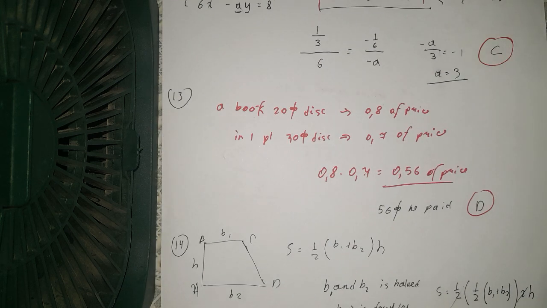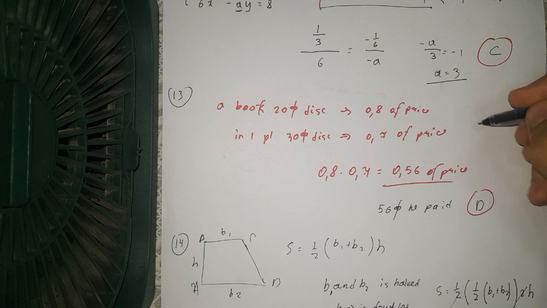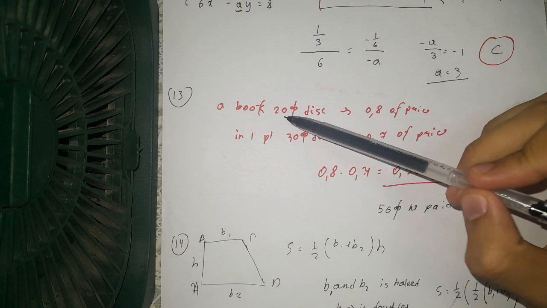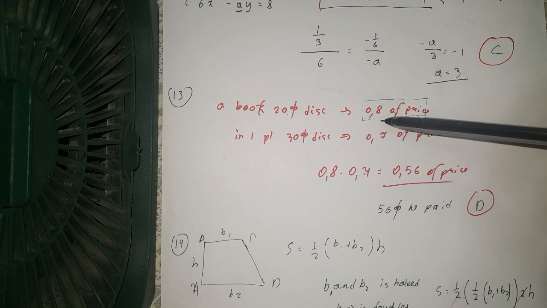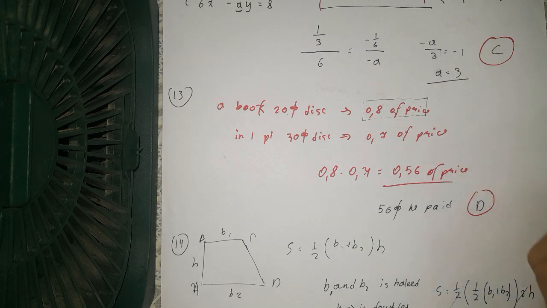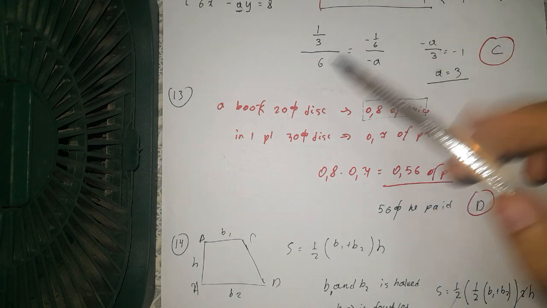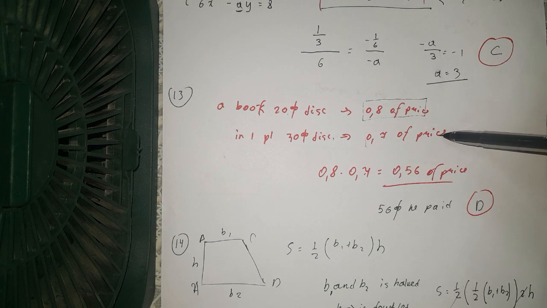13. There's a guy who likes reading, and it says that on one book there's a discount of 20%, which means 0.8 of the total price, and he has another discount, a discount on discount, that's 30%, which means 0.7 of the price.